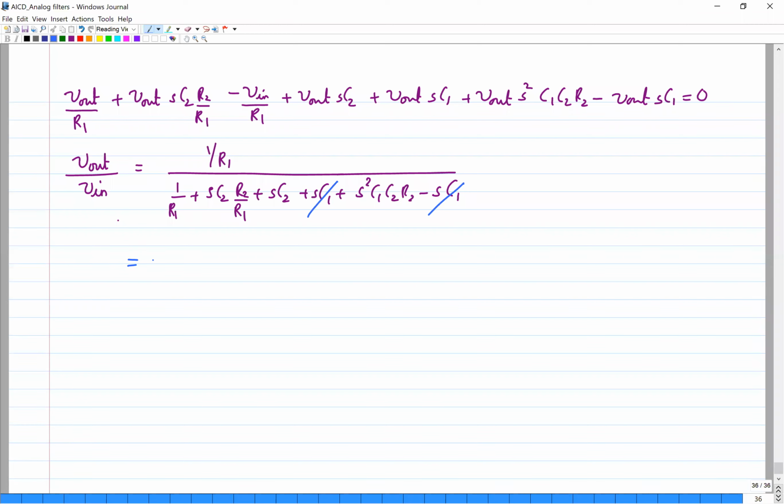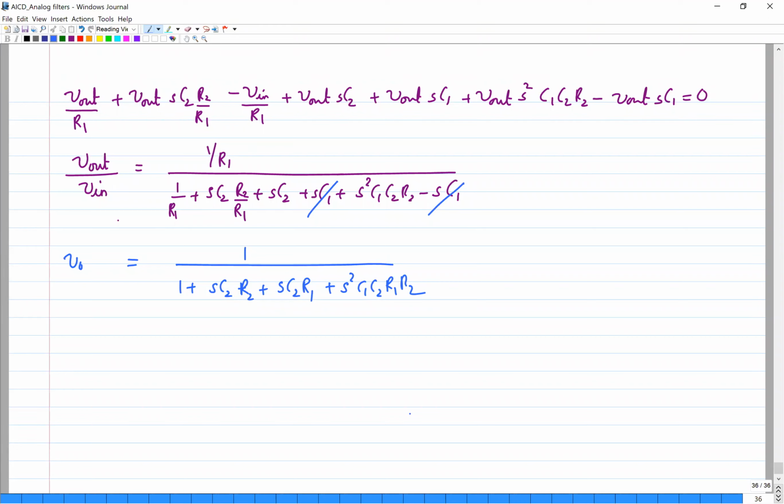So if I cancel 1 by R1 from the numerator and denominator, you will get the expression as 1 divided by 1 plus SC2R2 plus SC2R1, when I divide with 1 by R1, plus S square C1 C2 R1 R2.